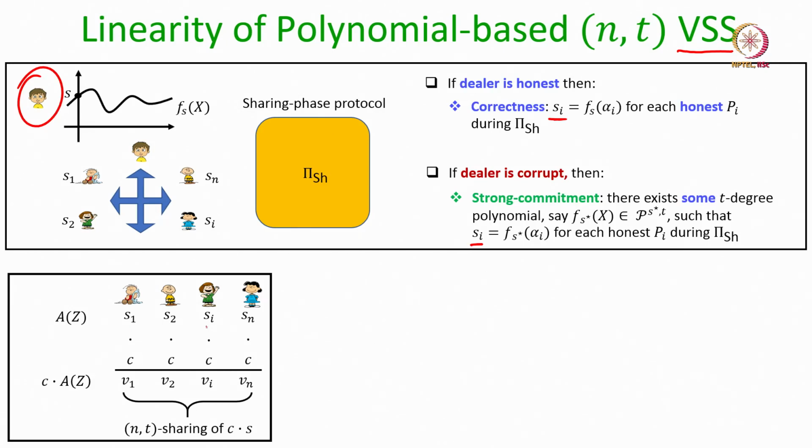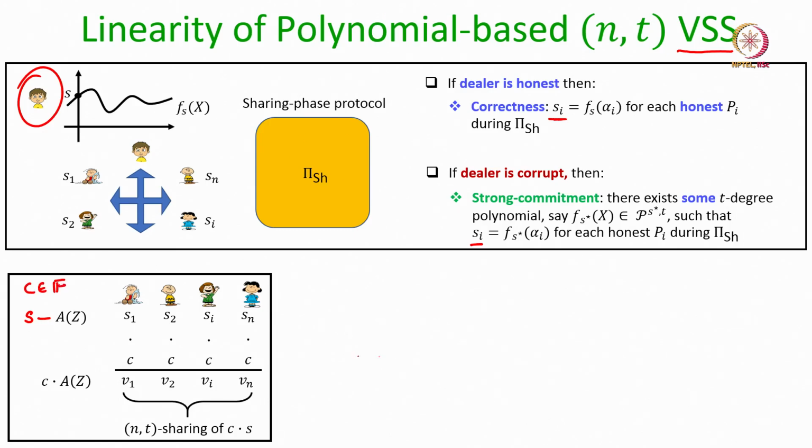Namely, the party Pi has the value of that sharing polynomial at alpha i. So, say there is some value s which is secret shared in this fashion, and say the underlying secret sharing polynomial is a t degree polynomial A, and suppose there is some value c in the field which is publicly known.